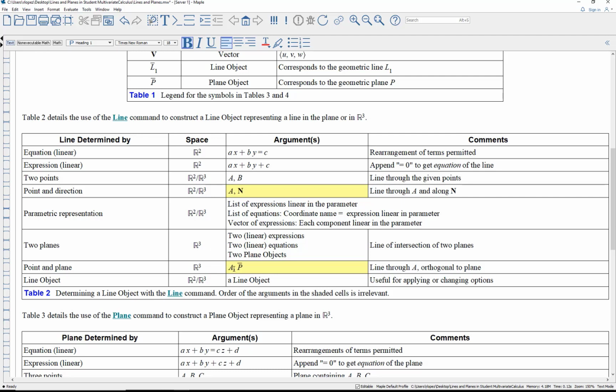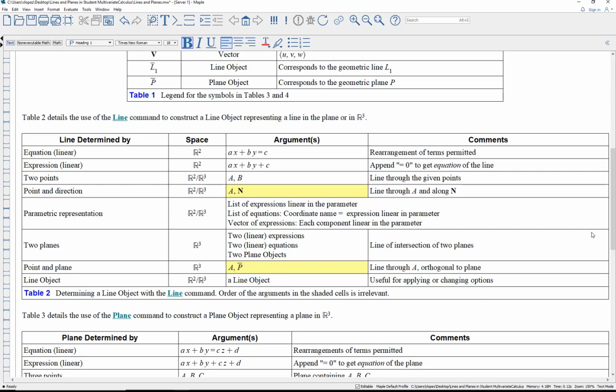A point and a plane determine a line in space. The line so determined is orthogonal to the plane. In 2D or 3D, a line object can be modified using the line object constructor.